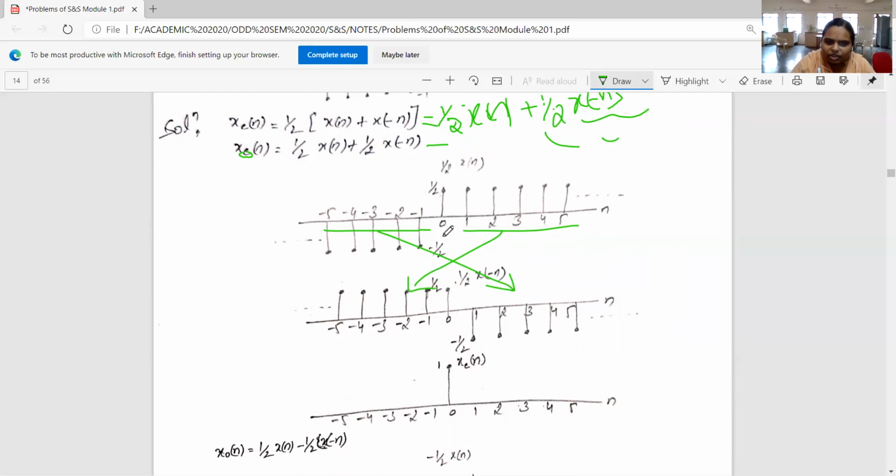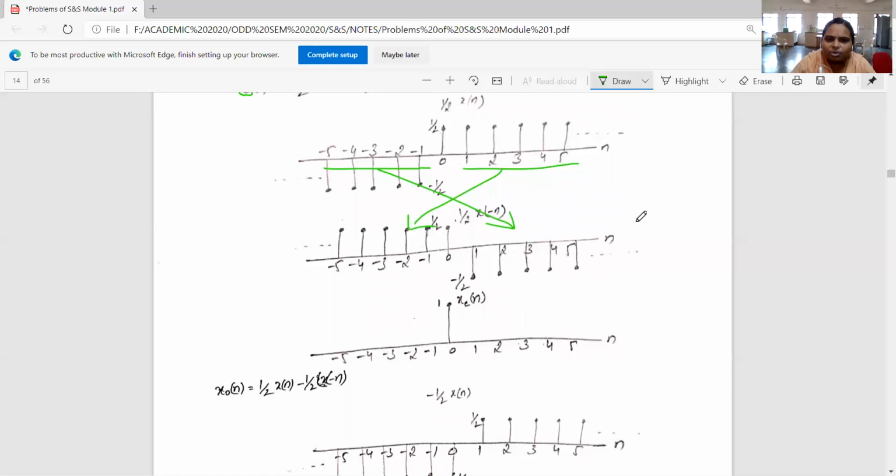What changes? The zeroth value remains the same, the positive amplitudes from 1 to 5 go to the negative side, and the negative amplitudes move towards the positive time with the amplitude -1 by 2. This is the reflection of the given signal.